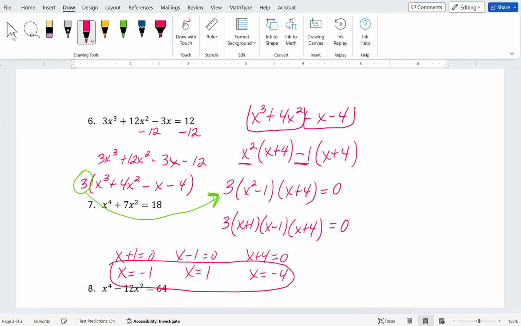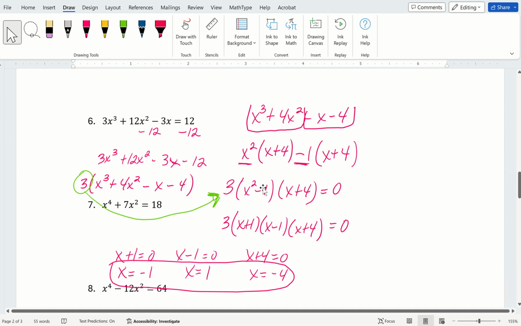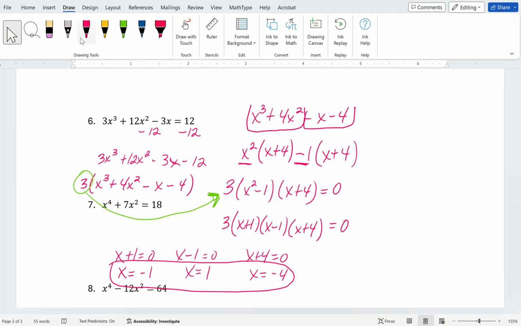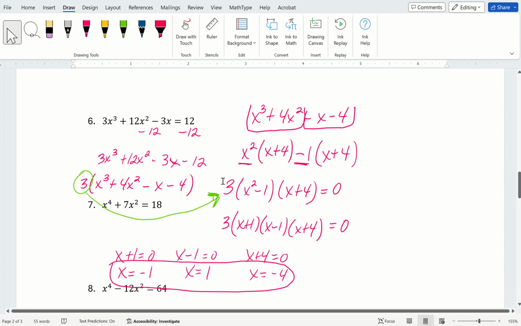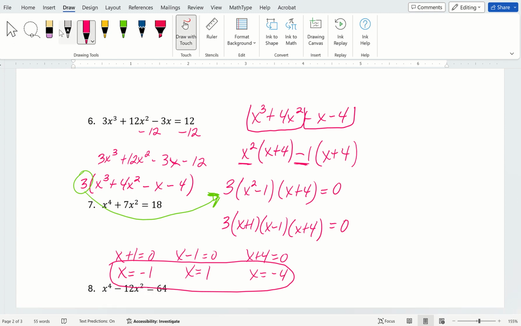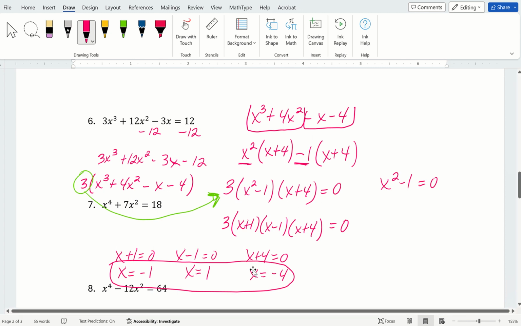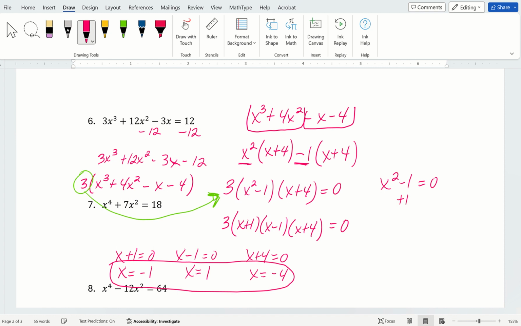Now, what if you forget that this is difference of perfect squares? You can still take these two terms and set them equal to 0, and you'll get the same answer. So if I have x squared minus 1 equals 0, we would still have x plus 4 equals 0, so you're still going to get x equals negative 4, but I can add 1 to both sides, and I get x squared equals 1.